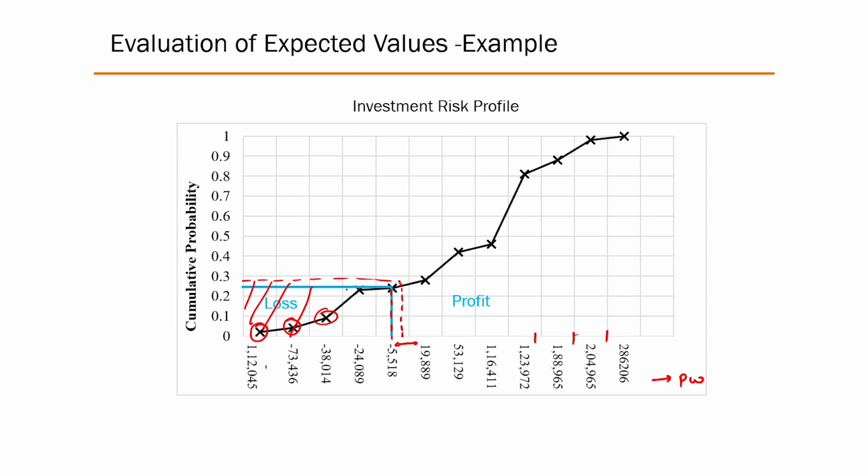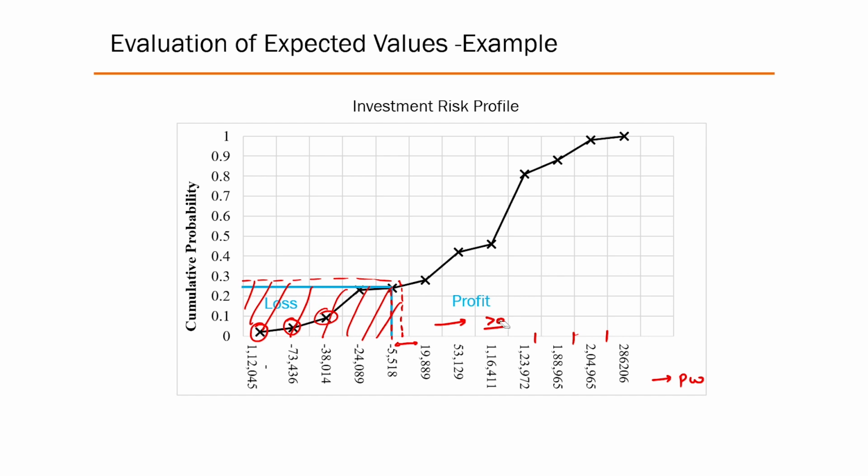In this region, you are making losses because the PW is less than 0. In this region, you are making profits. So in this investment profile, there is about a 30% chance that you will lose money, and about a 70% chance that you will make money.